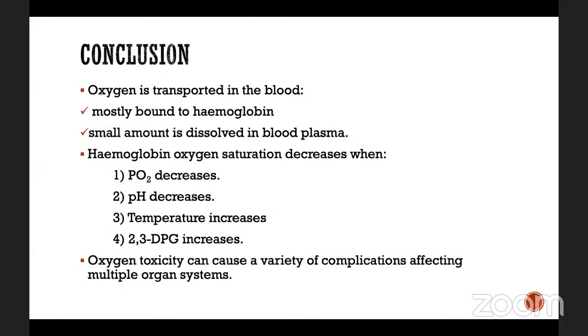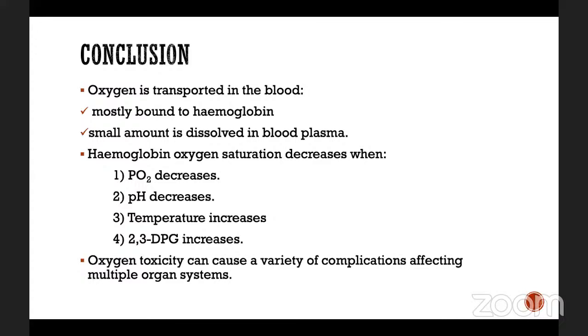Now, in conclusion, oxygen is transported in the blood, mostly bound to hemoglobin and also dissolved in plasma. And the plasma aspect is where hyperbaric oxygen comes into play. Sometimes if the hemoglobin is not adequate and we want to make use of the plasma, that means we need to give the patient hyperbaric oxygen, since the higher the tension, the more will be able to dissolve in the plasma to deliver oxygen to the patient.